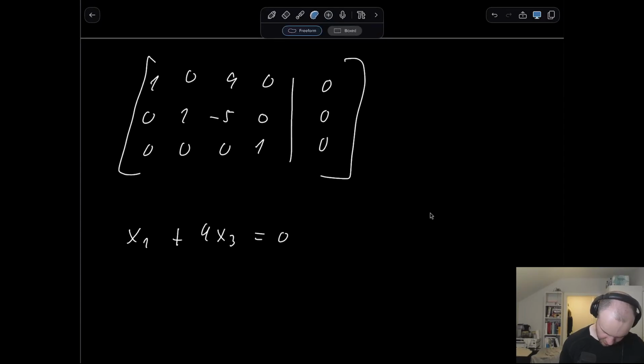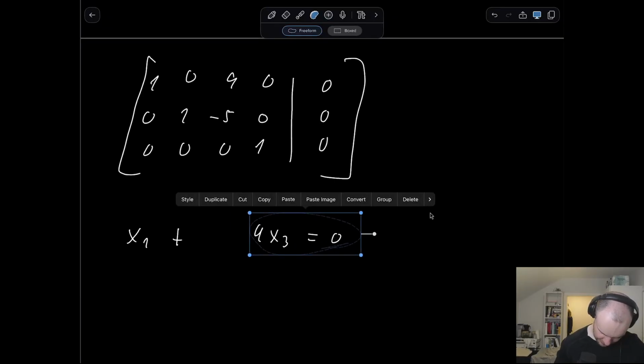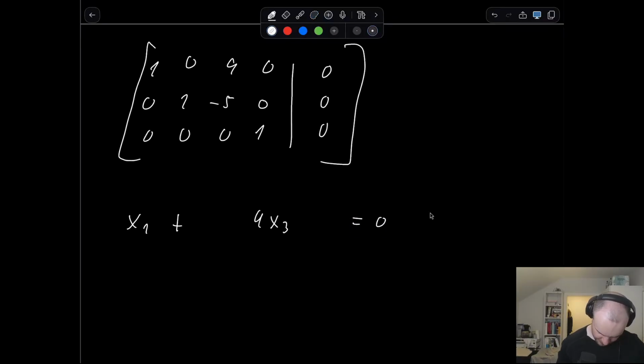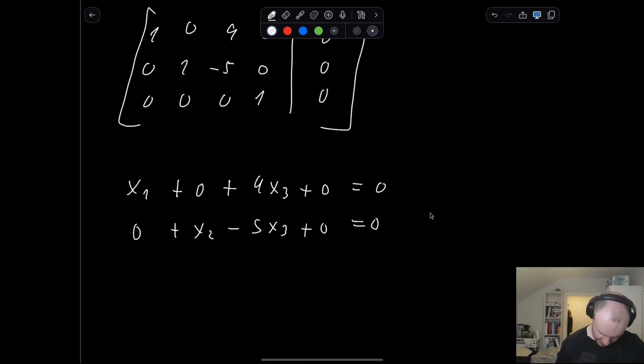I should align this a little bit more, like that. So 0 plus this, and then plus 0. Then it makes more sense. Then I have 0 plus x2 minus 5x3 plus 0 again is equal to 0. And then the last one is that x4 has to be equal to 0.